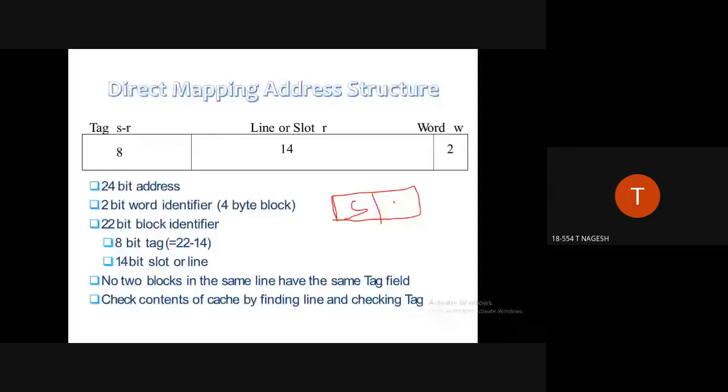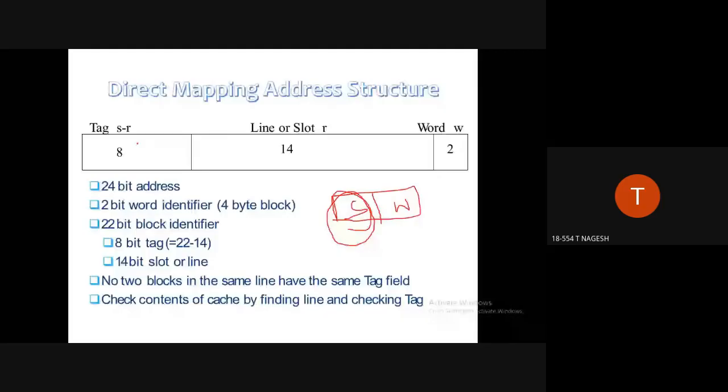So this is the main memory block number slot, which is represented with S, and this is the block offset. So S minus R will give me the tag number, where R is nothing but the cache line number and S is nothing but the block number. So S minus R will give me the tag number, simply. So I hope it is clear for you all.